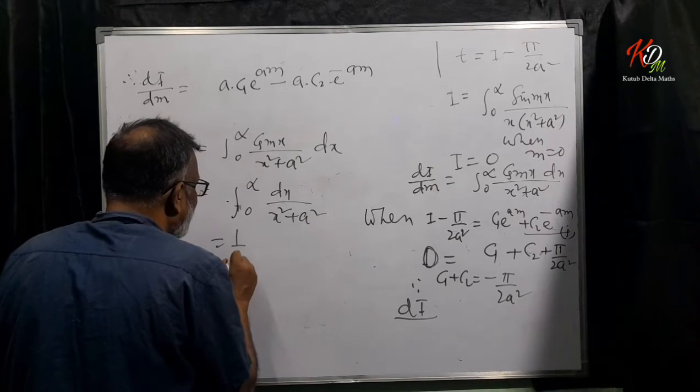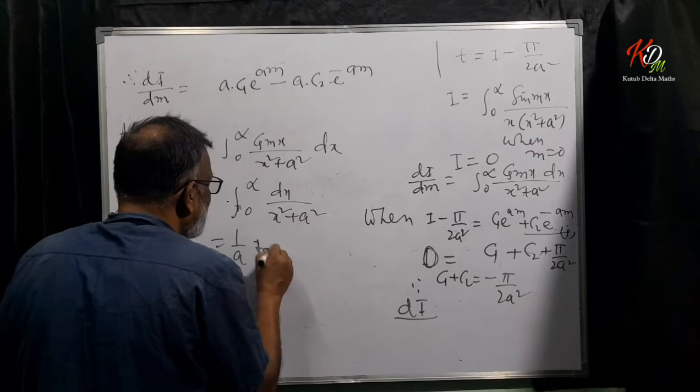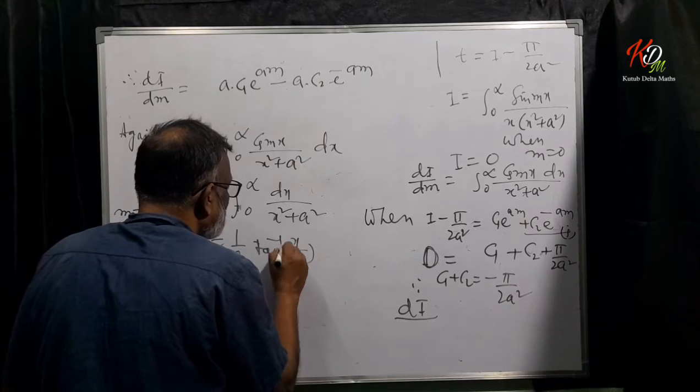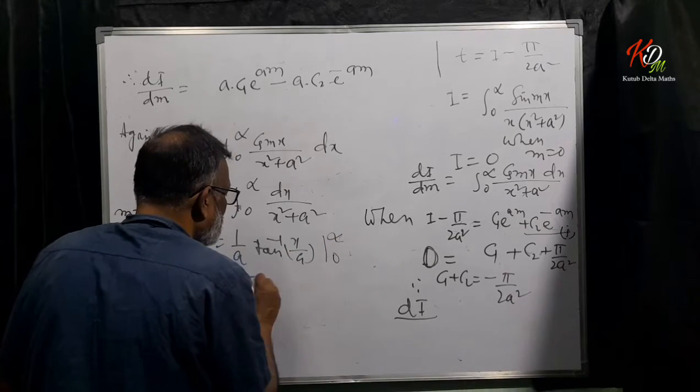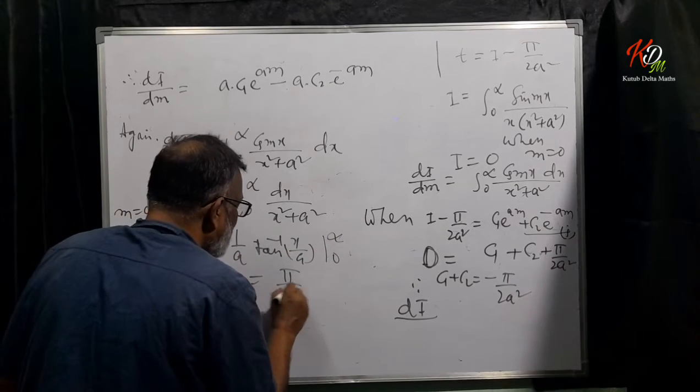So 1 by a tan inverse x by a, so pi by 2a.